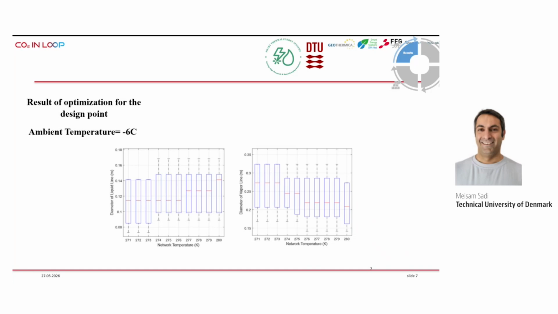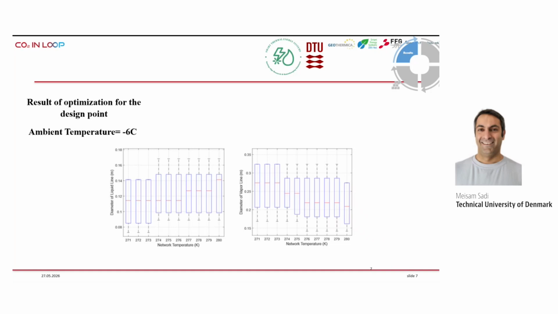What we can see here is that we set the temperature of the network in a specified range. For this specific case, we defined the range between 271 and 280 Kelvin, and the simulation is performed, and the result can be seen here.